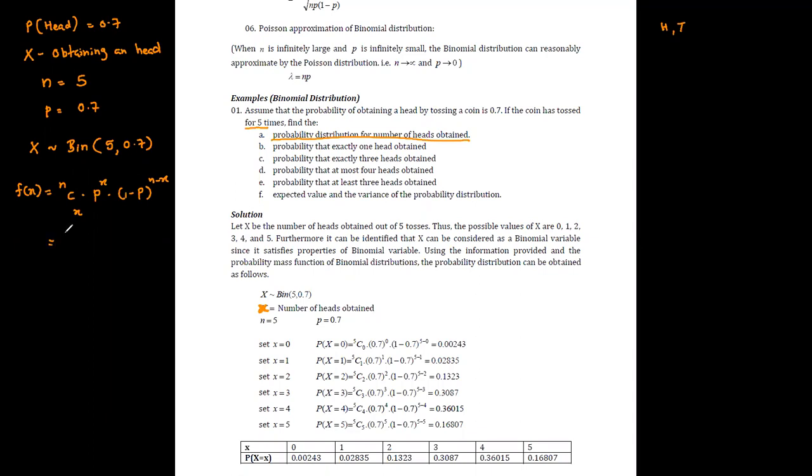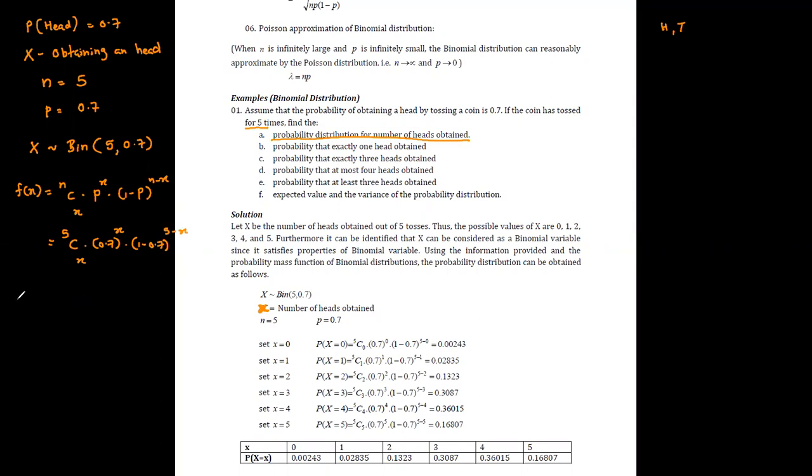Then n is equal to 5, so this is 5Cx, and p is 0.7, then 1 minus 0.7, and n minus x is 5 minus x.